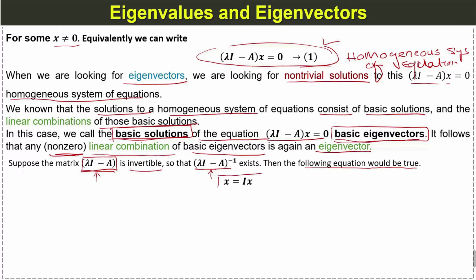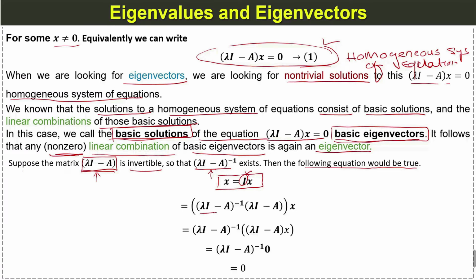Okay, so we can write x is equal to the identity matrix times x, and we can write this one as, when we multiply this, it will give us again the identity matrix, so we can write this one as. Okay, so now we multiply this with this one and we separate this one. Okay, so here we can see that this is equal to 0.